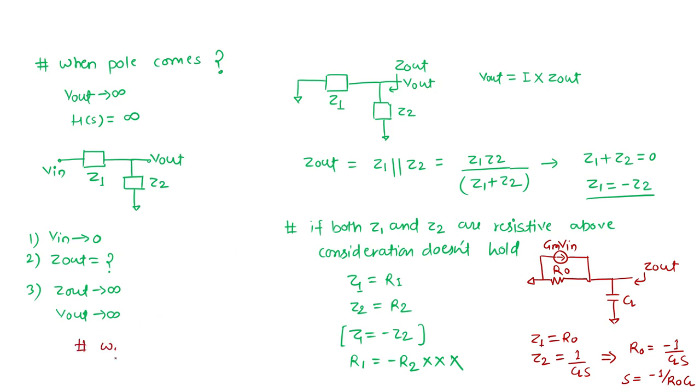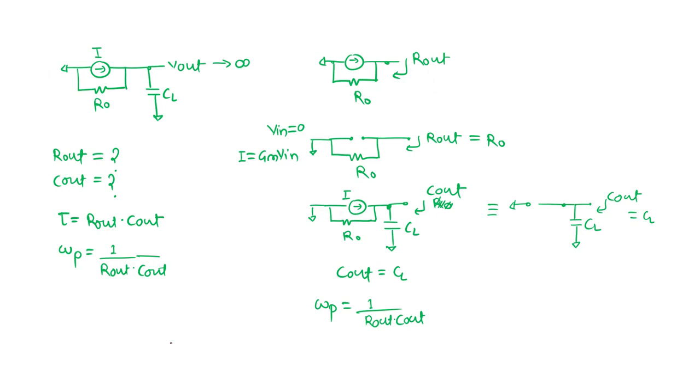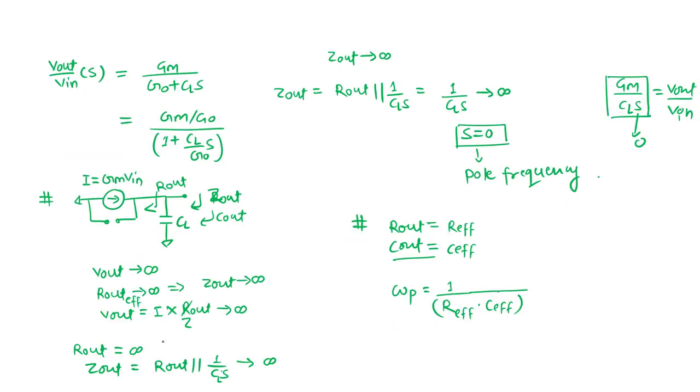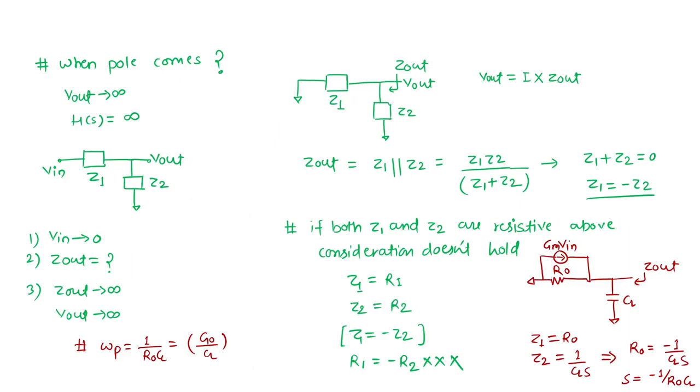My omega p is nothing but 1 upon R naught CL, which is also called G naught by CL. We can see this from our transfer function as well. This omega p is nothing but G naught by CL, which is the same as what we get from the intuitive analysis of pole calculation.